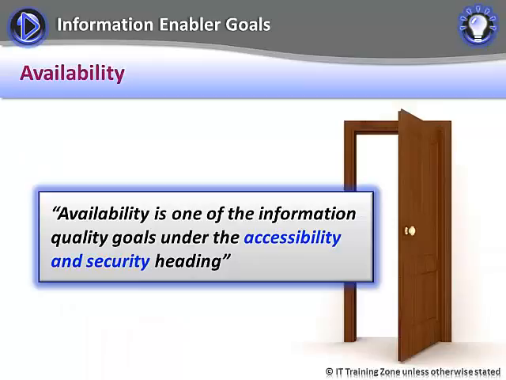Availability is another of the COBIT 4 information criteria. It maps to availability, one of the information quality goals under the accessibility and security heading. Availability relates to information being available for use when it is needed.